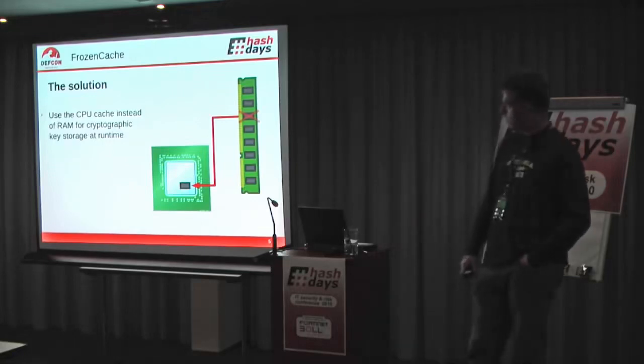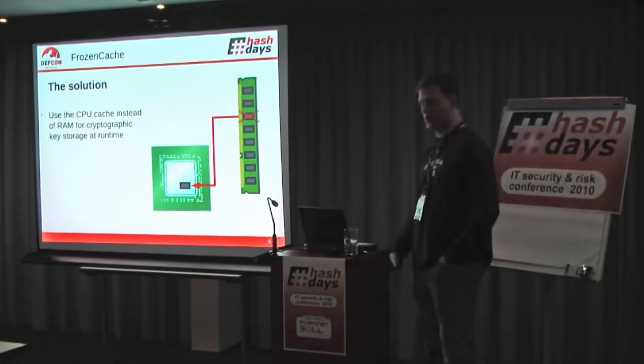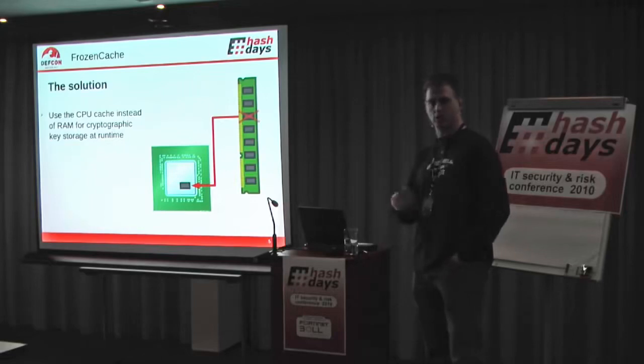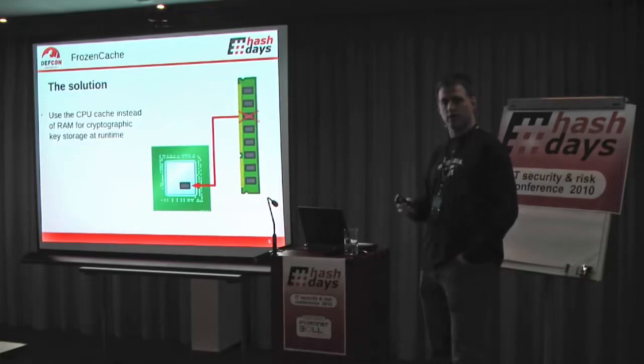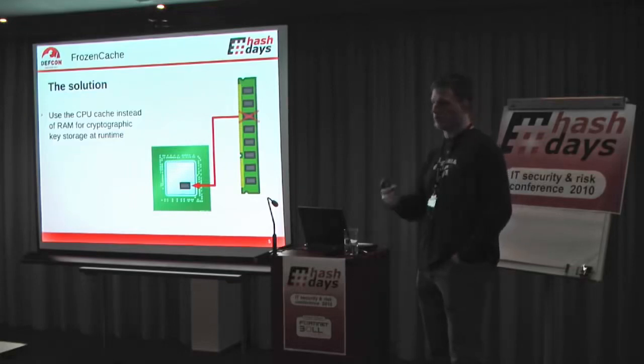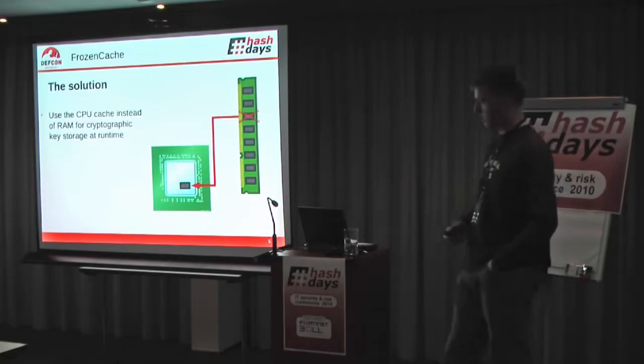So when you try to apply the attack scenario there, you will not be able to get to the cryptographic key, because when you take out the memory, it's not in memory, and you can't really get to the key that's inside the cache because there's no external interface to read out the cache contents. And also when you reset the CPU, the cache gets erased upon CPU initialization. So really, to my knowledge, you have no way to get into that data that's in the CPU cache.